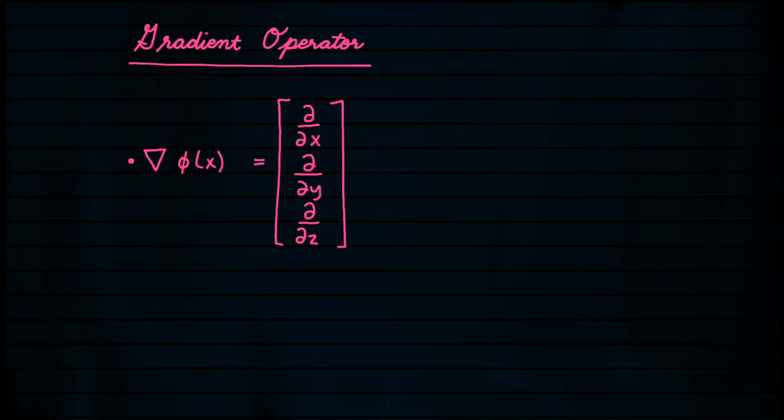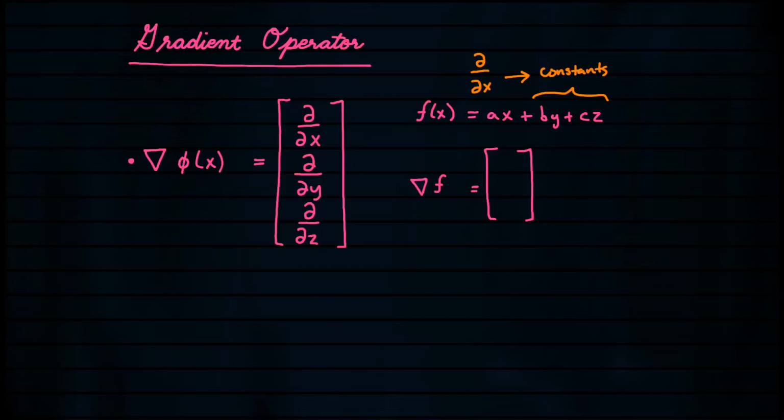As an example, let's say we have a function f of x equals ax plus by plus cz. We want to find out what the gradient is. In order to compute this, we will first start with the first element, which is to take the derivative with respect to x. And in order to do this, we basically treat the other terms in our equation that don't have x's as constants.